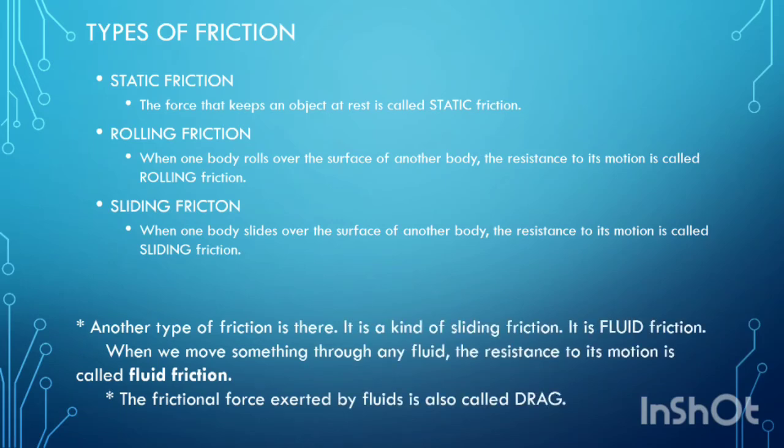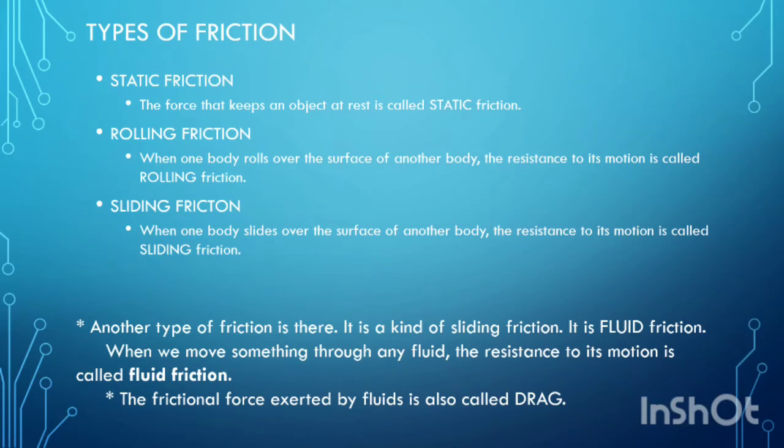If you wave your hand in the wind, or if you wave your hand inside a water-filled bucket, you will feel a little resistance offered on your hand. That little resistance offered by the fluid on your hand is the fluid friction.